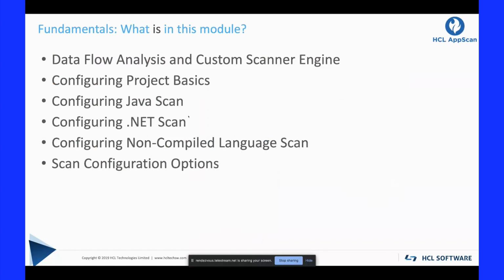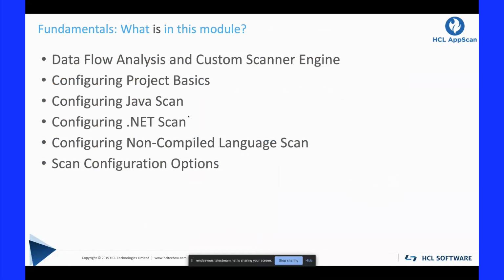So the next thing is giving everyone a glimpse, a preview of what is in one of these modules. For instance, in the fundamentals, we go through the different configurations of bringing source code into AppScan. Last time I showed you configuring Java scan, with many different methods.